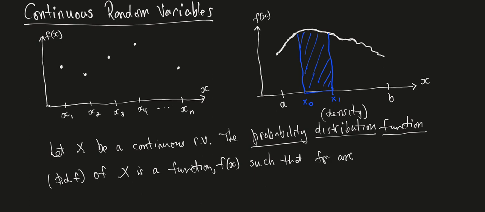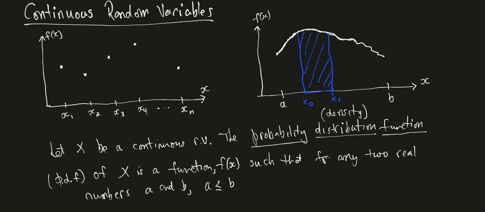for any two real numbers, and I'm just going to call them a and b, with the assumption that a is less than or equal to b. In pretty much all cases it will be less than, but there's a theoretical reason why we use the closed interval as opposed to the open interval.